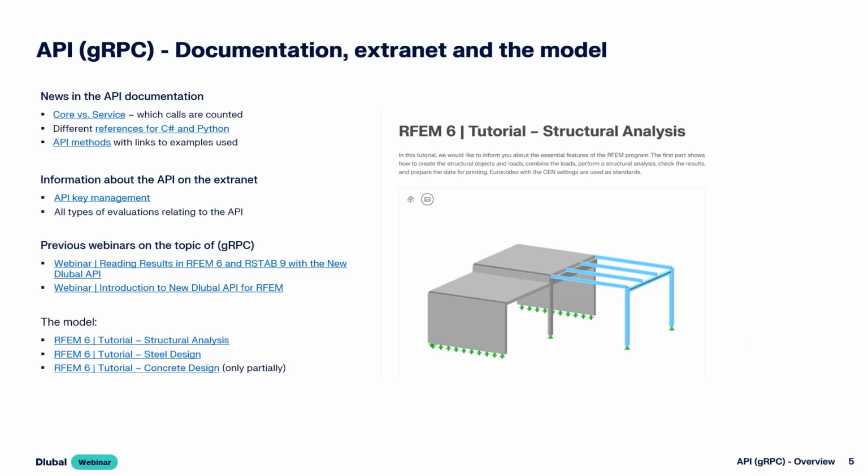I will show you the roadmap for the webinar here. We start with the news in the API documentation. Then we move to the information about the API and the extranet, about the key management. I don't want to go too deep into detail because it's just a small overview so that you have an idea. And then we go to the previous webinars.